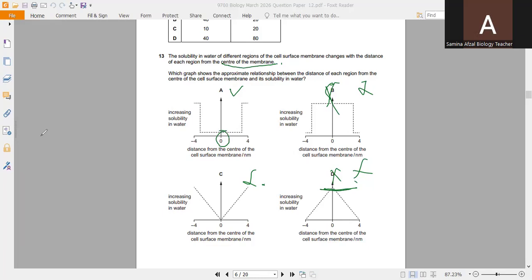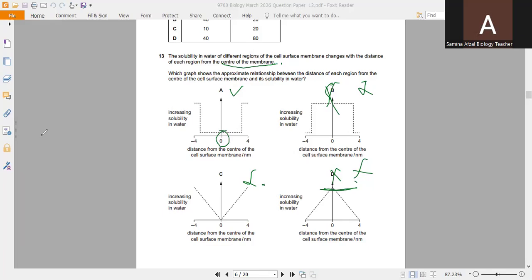Now I will move towards the inner and outer surfaces of the membrane, which consist of polar hydrophilic phosphate heads. So these regions interact easily with the aqueous environment inside and outside the cell, meaning their solubility in water is high. So the hydrophobic core forms a distinct continuous interior layer, while the hydrophilic heads form distinct outer boundaries.